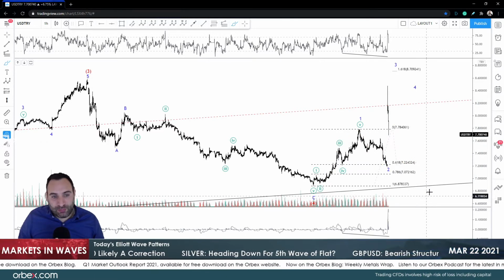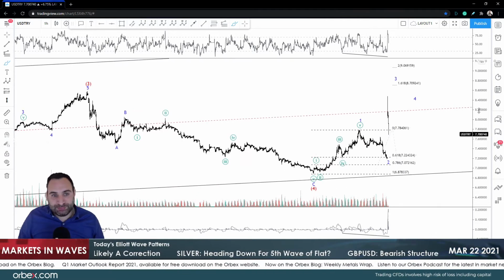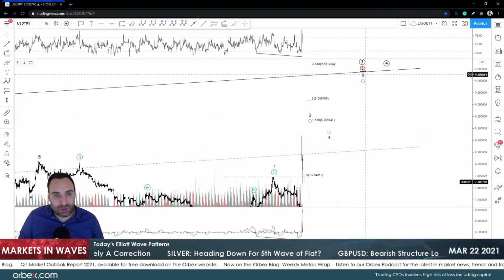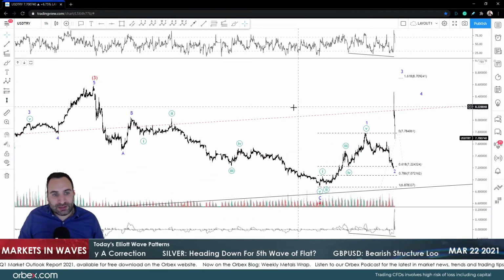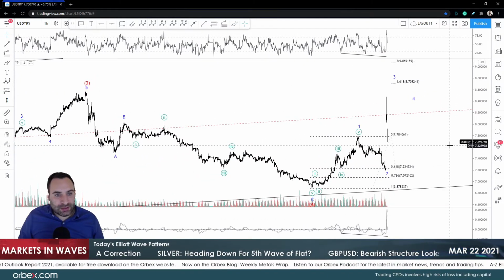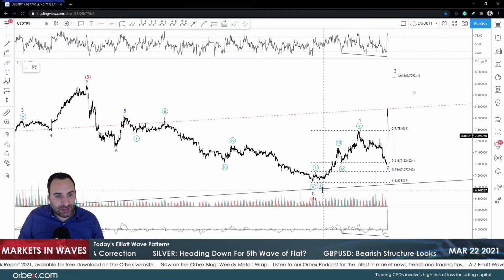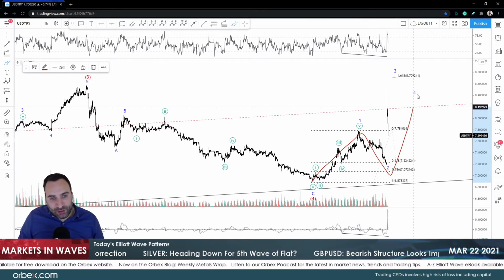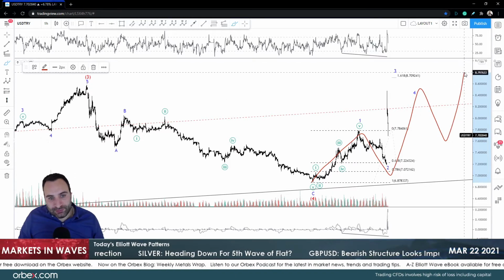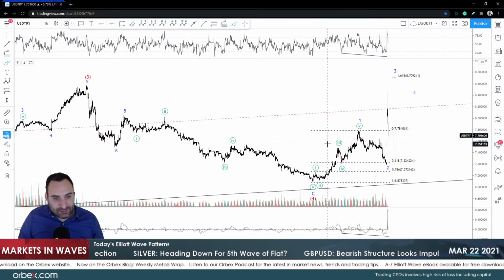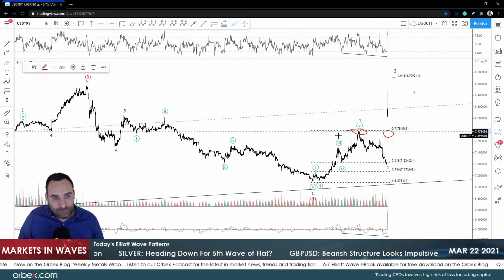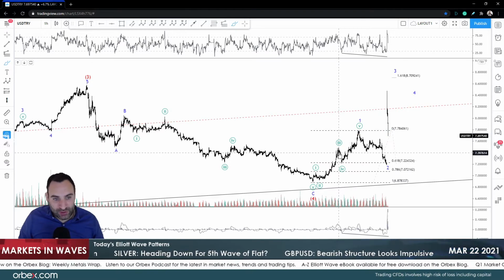However, I'm also thinking, because over here we're in wave 4, which means that we're going to go into wave 5. These could easily also turn out to be a 1, 2, 3, 4, and 5, like some sort of ending diagonal, because you understand that the moment this happens, then we've got a motive wave, not an impulsive wave, right?